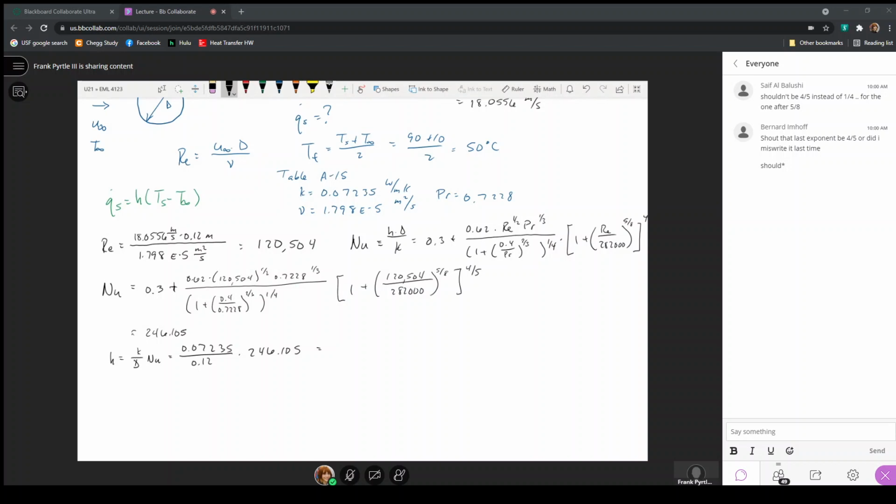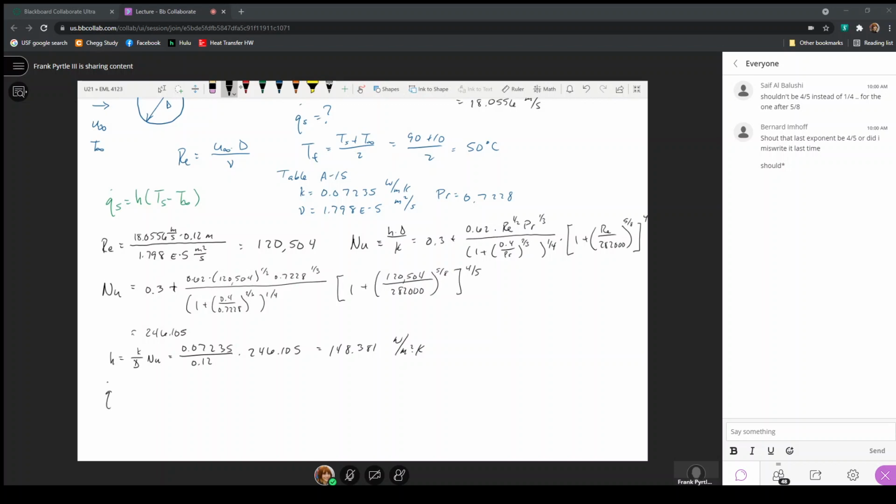And so here's 148.381 watts per square meter Kelvin. So that's our heat transfer coefficient based on the correlation for a flow over a circular cylinder, for any value of Reynolds times Prandtl number greater than 0.2.